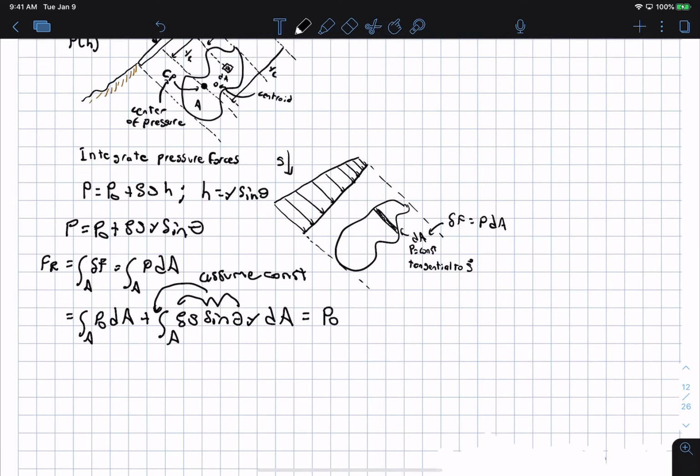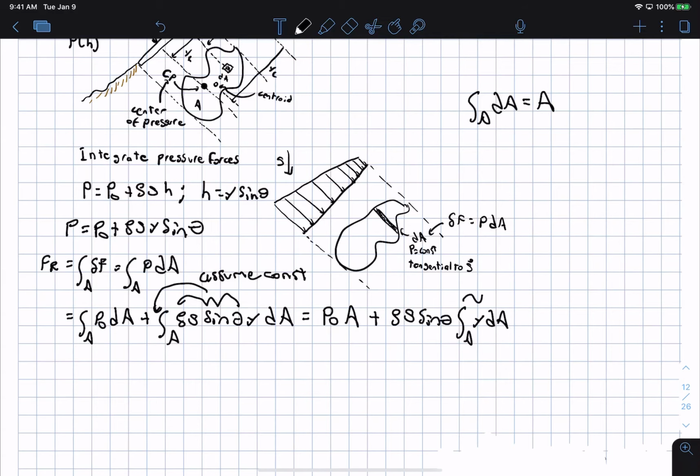P naught, that's just constant, times the area, because the integral over the area of dA is just equal to the area by definition. So then we got rho g sine theta, the integral over the area of y dA. Okay?